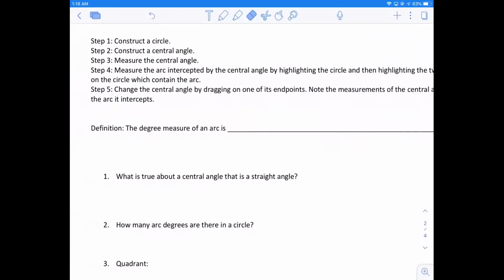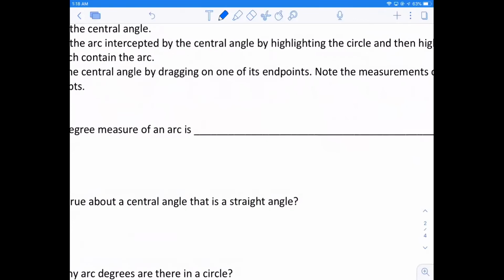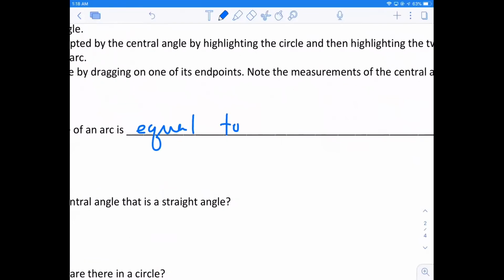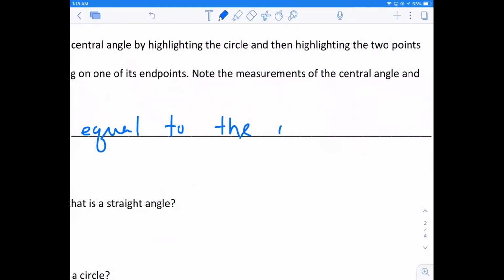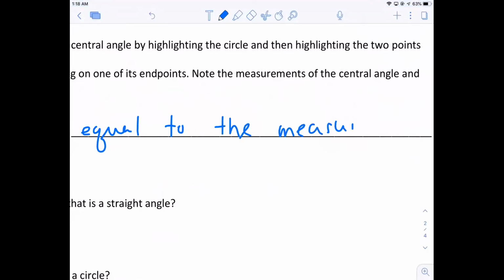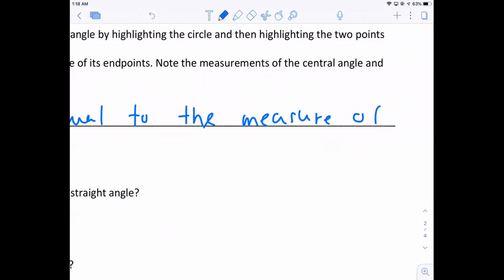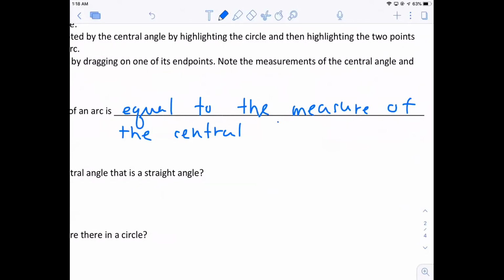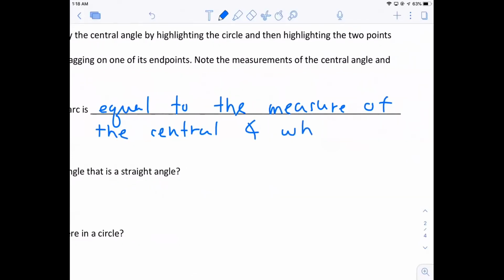All right, so the degree measure of an arc is equal to the measure of the central angle which intercepts the arc.